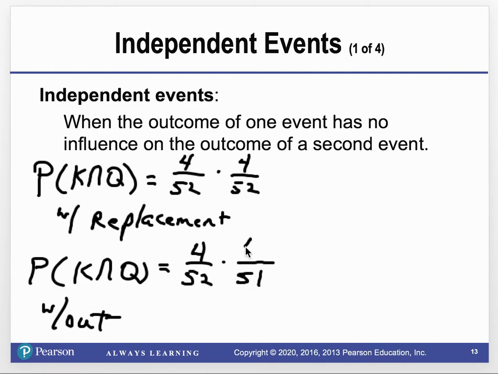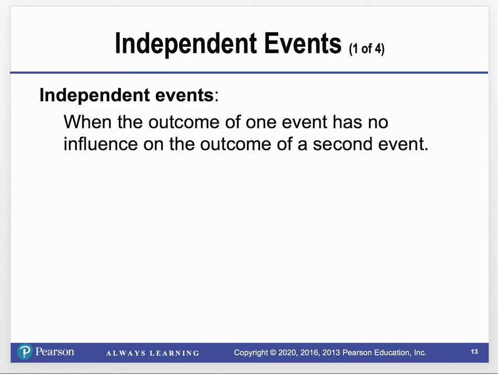Now, there's still 4 of them that are queens at this point. So if you talked about 2 kings, this would change to a 3 now, because there would only be 3 kings left in there. But notice different numbers, different probability. So when we're doing and probabilities, we've got to think about, are the events independent? When we're doing or probabilities, we've got to think about, are the events mutually exclusive?